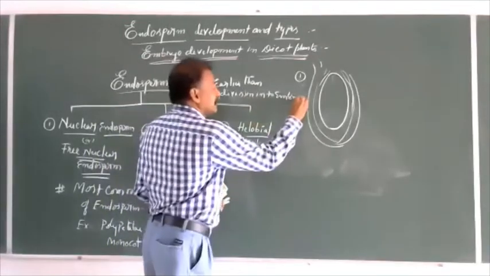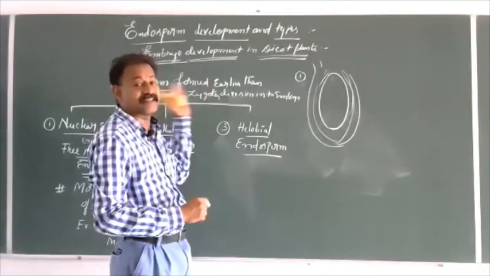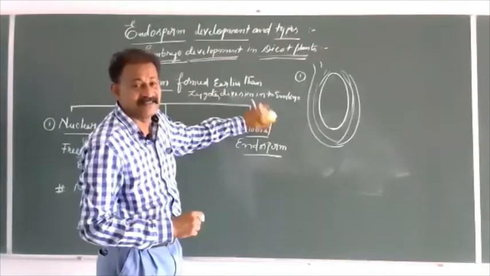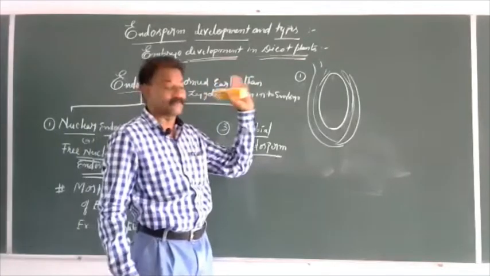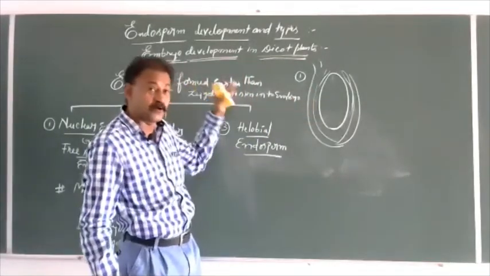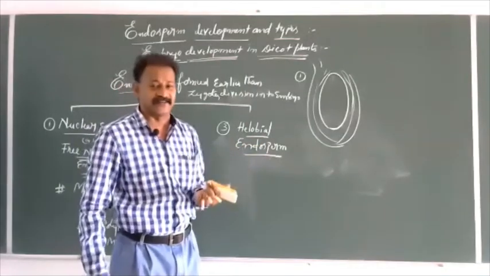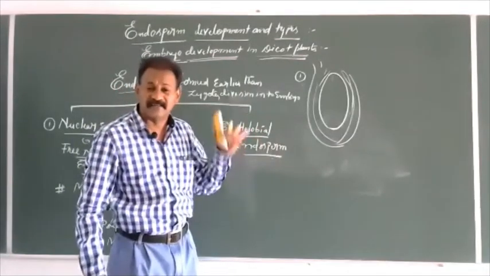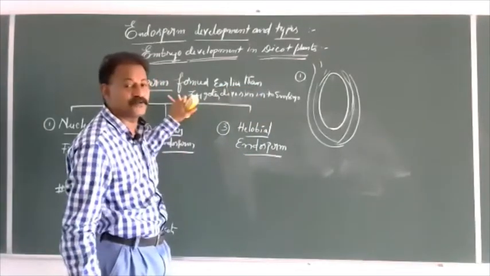If the endosperm is not there, no guarantee is there. So endosperm formed before zygote is undergoing division. For zygote division, it requires energy. That energy is supplied by the endosperm. So it is called nutritive tissue.